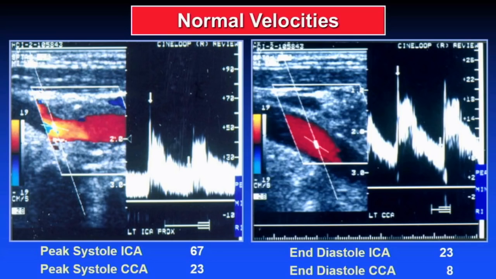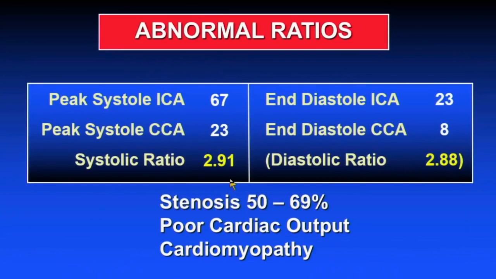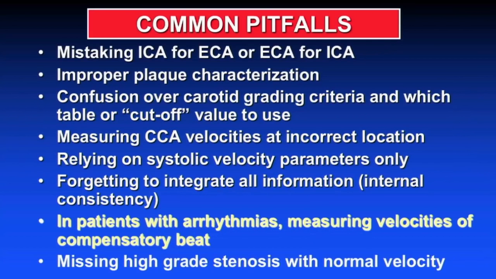But if you look at the common carotid artery velocities and you make the ratio numbers, you'll see it's 2.9 systolic velocity ratio and 2.9 for the end diastolic velocity ratio. This is a 50 to 69% stenosis in a patient who has a cardiomyopathy. So you would have completely missed the significant flow-limiting stenosis in this individual. So again, you must use all parameters.